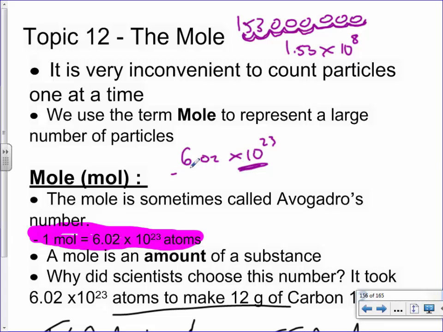Okay. First I'm going to write 6. Then I'm going to move the decimal place over once. So that would be then a 0 and then a 2. I've now moved the decimal place over 2 times. Does that make sense? How I moved it once here, another time there. But that's only 2 times out of 23.